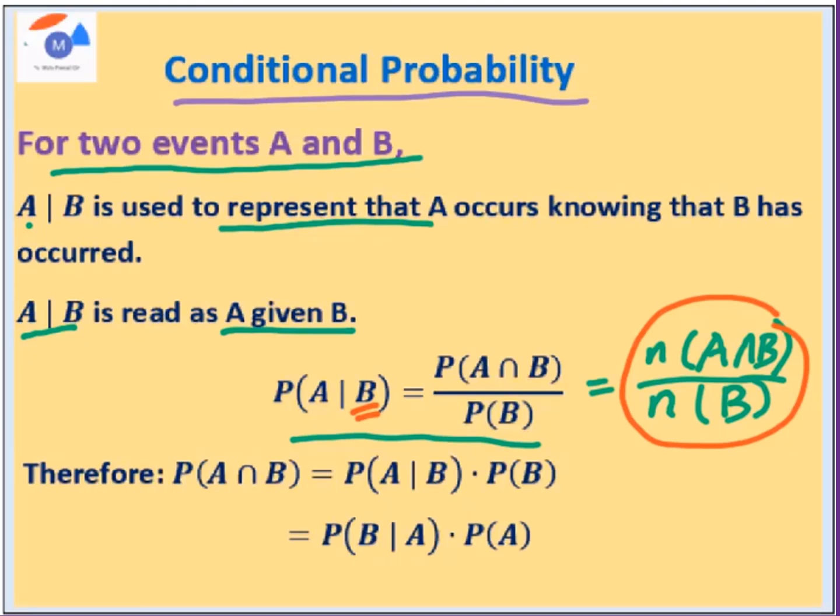In other words, you are looking for A and B, then over B. This bar we can count as a division line. Therefore, we get the probability of A and B equals the probability of A given B times the probability of B. Or you can write it this way.